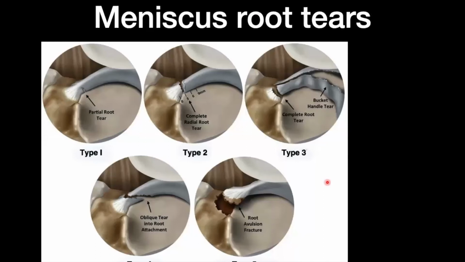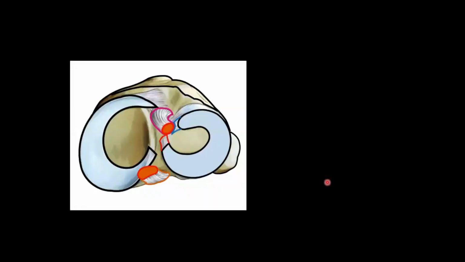Another important tear is meniscus root tear. These are of 5 types according to LaPrade, the most common being type 2, which is complete radial tear, and these meniscal root tears are considered as bad as total meniscectomy. So let us consider this schematic diagram.